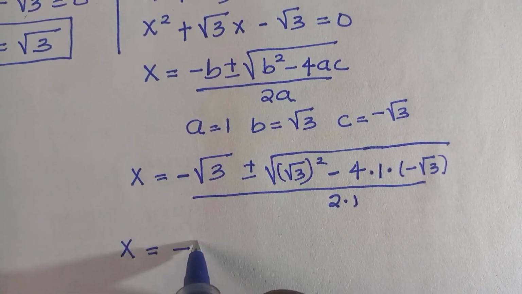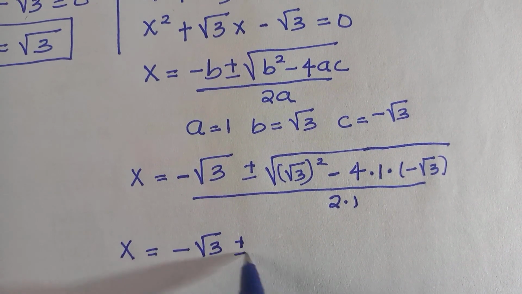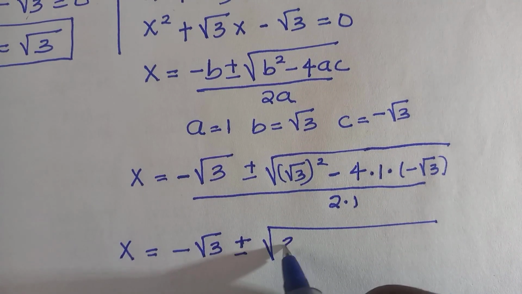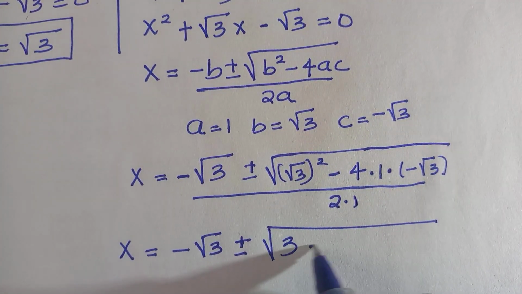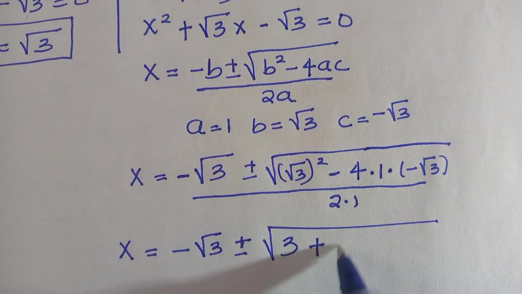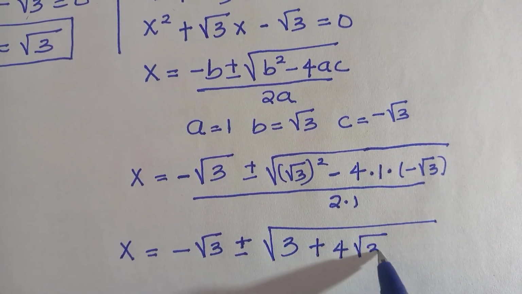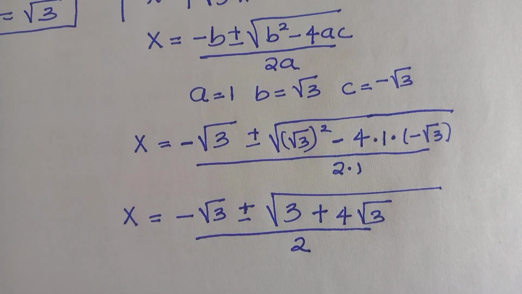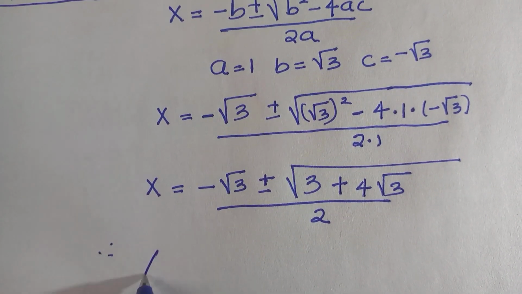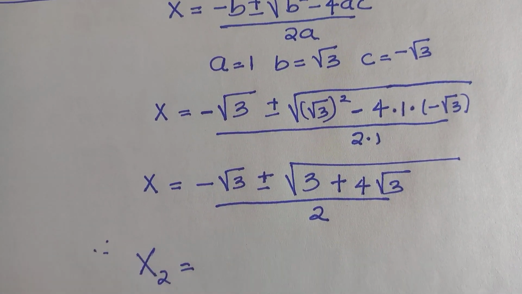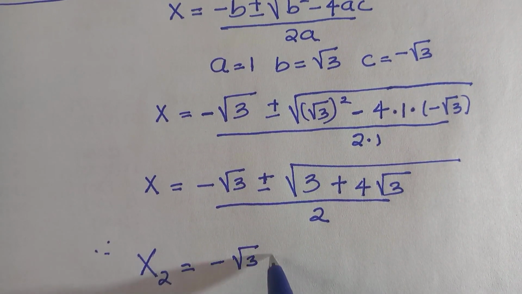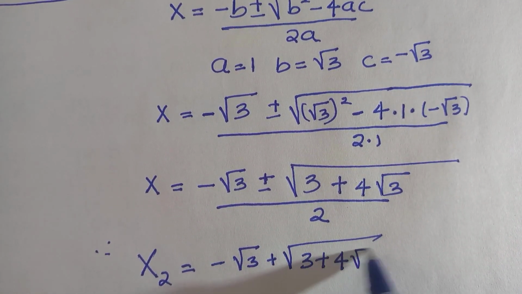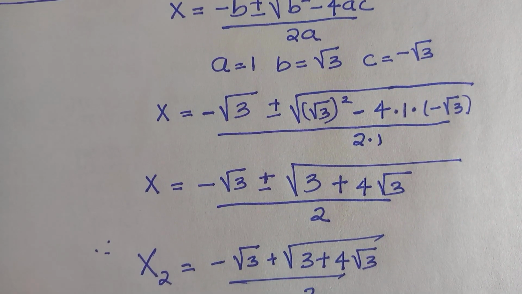Here we have x equals minus root 3 plus or minus the root of, if square cancels square root, here we have 3, and minus multiply minus, that is plus, then we have 4 root 3, everything divided by 2. And therefore, we are going to get our x2 equals minus root 3 plus the root of 3 plus 4 root 3, divided by 2.